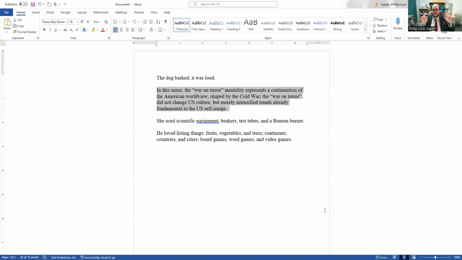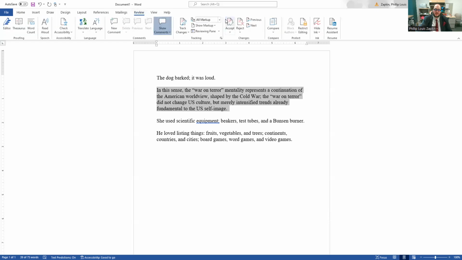Now, one very common error that I've been seeing this semester with semicolons, I'm going to turn on track changes here for just a second, is what we see in this third sentence: using a semicolon to introduce a serial list or a subordinate clause, neither of which is a correct use of a semicolon.